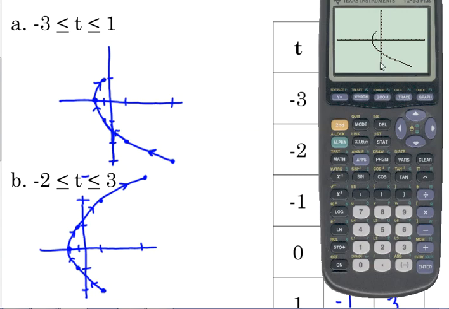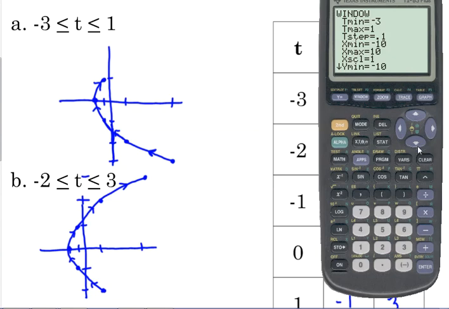So what that's doing is it's telling the calculator, starting with -3, plug in -3, -2, -1, 0, 1, etc. Count by ones, but when we change it to 0.1, it's saying count by tenths, plug those values of t in. So the smaller your t-step is, the more detail you're going to get in this graph, and the smoother the curve is going to look, as opposed to it being a little jagged the first time.